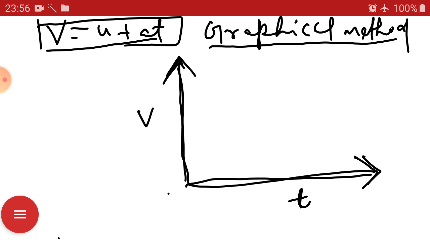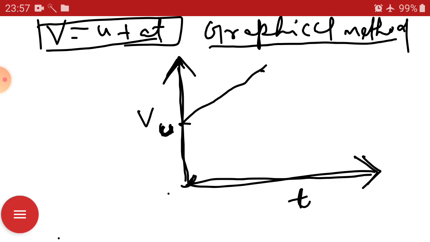Now in this velocity time graph, let's say the object started with a certain initial velocity, let's say u. Not from 0. If the object starts from 0 speed, then we can say the object starts from rest. So here the object starts from a certain initial speed, let's say 20 meter per second or 30 meter per second, whatever, but it has a certain initial speed, so it starts from u.